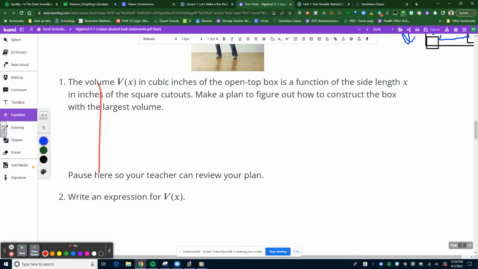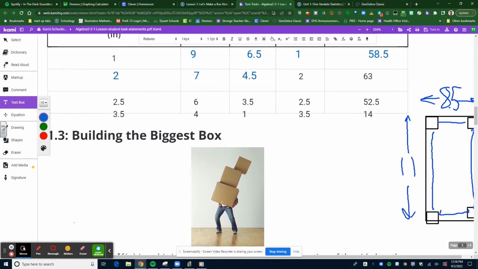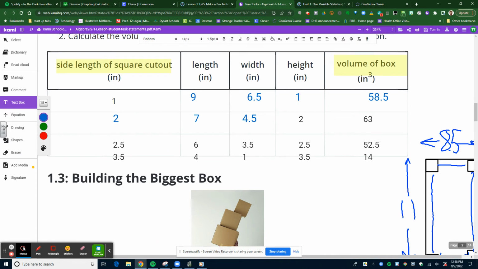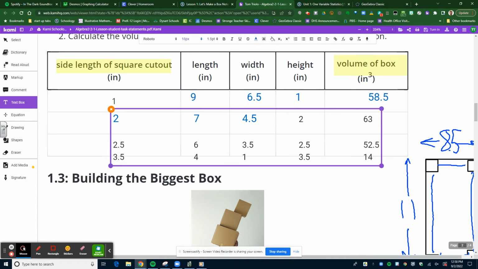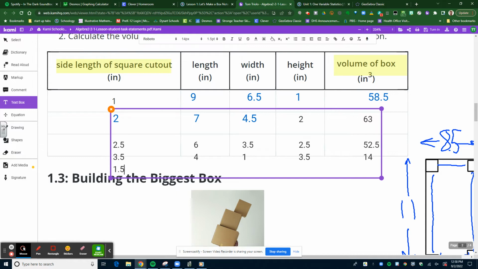Oopsies. What's the length? Why wouldn't that be 8? So just put it at the bottom. Okay, what would the numbers be?